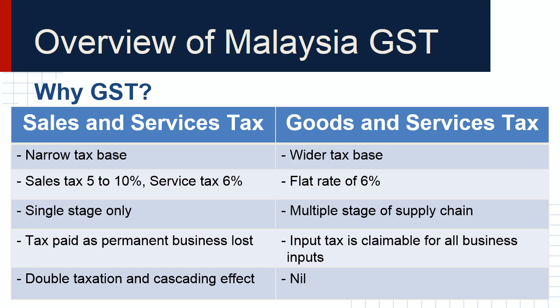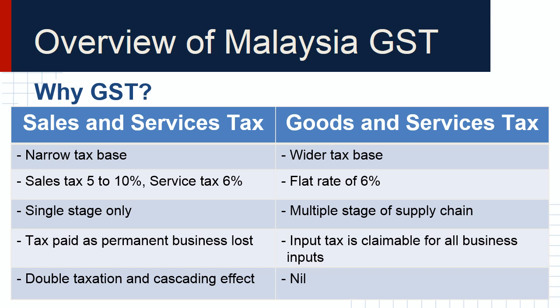Along the supply chain, sales tax is levied on a single stage only, which is manufacturing, whereas GST is levied on almost all types of business activities. Sales tax that has been paid will have to be absorbed by the business itself as a loss, whereas GST that has been paid by a business is claimable. So this is one of the perks that you should take note of, since in a way it is benefiting businesses.